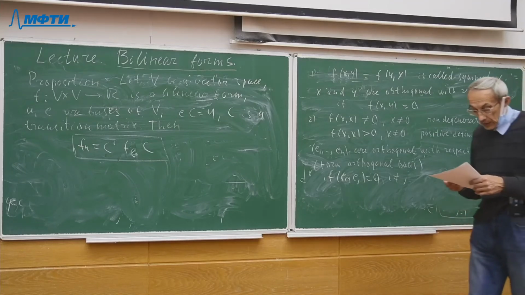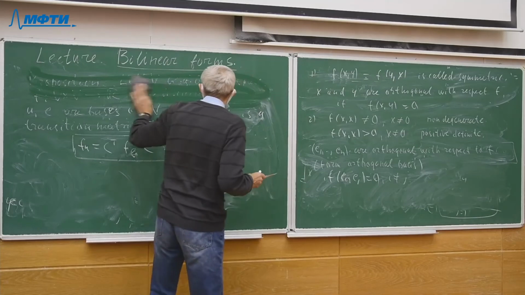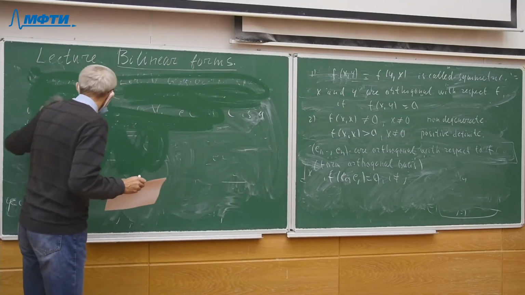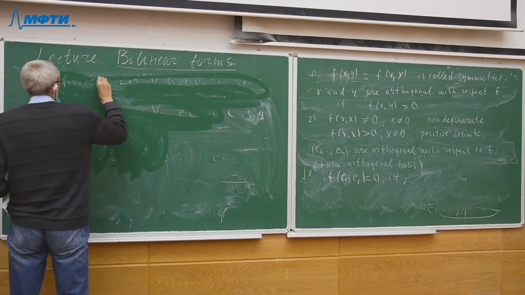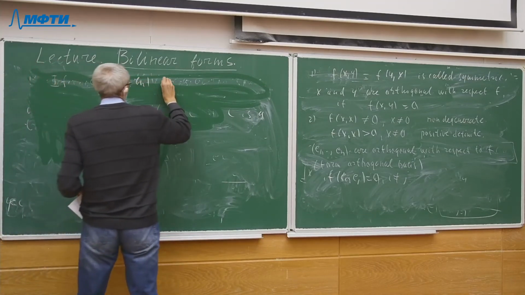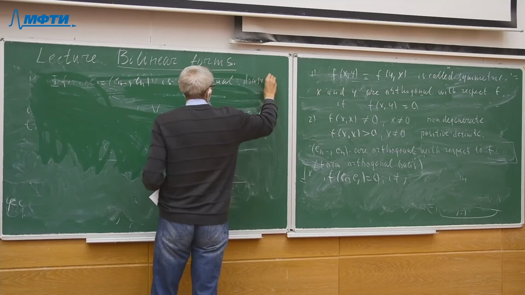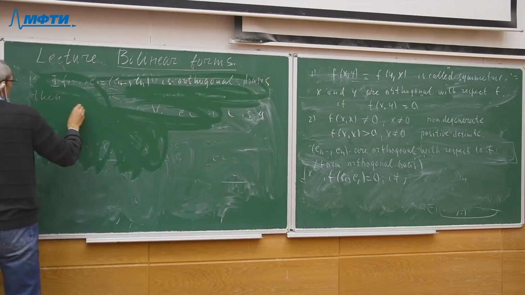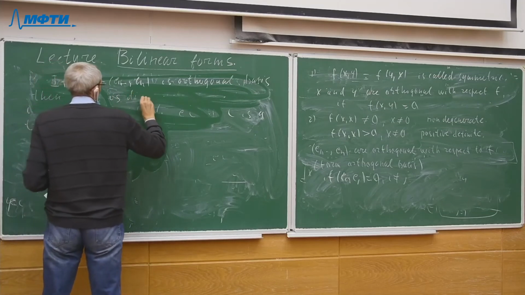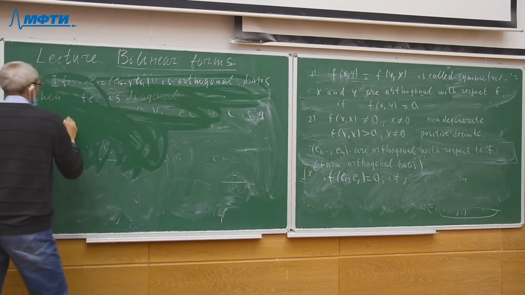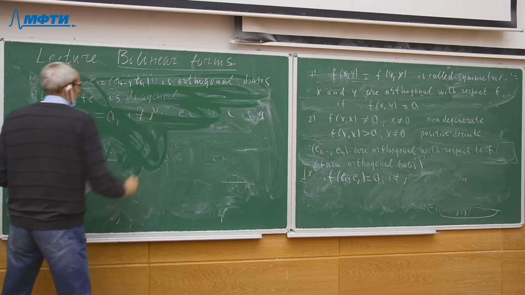The main result, easy to see: if e_1, ..., e_n is an orthogonal basis, then the matrix F_e is diagonal, because F_ij is equal to 0 if i is not equal to j.